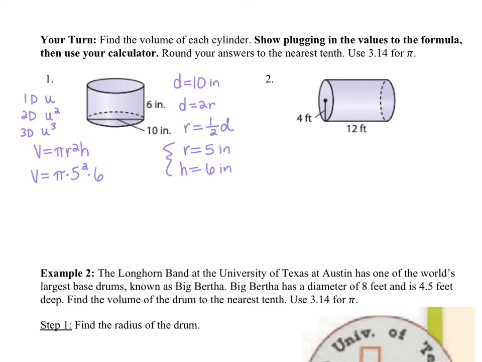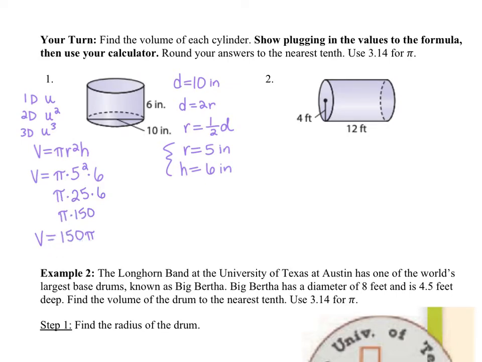So we can do 5 squared, which is 25. So it's going to be pi times, I'm replacing 5 squared with 25, then times 6, and then 25 times 6 is 150. So it'd be pi times 150. So it's actually 150 pi, or 150 times pi. So this is our answer left in terms of pi is what we call it.